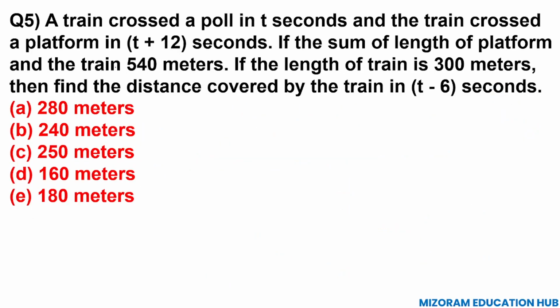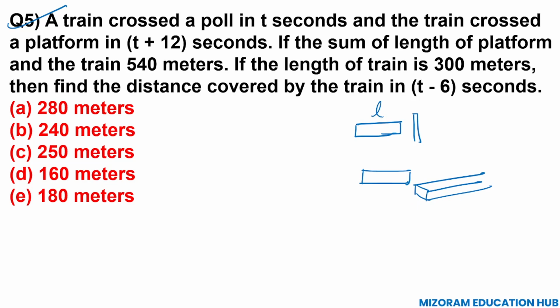Okay, question number 5 here. A train crossed the pole in T seconds. Here the train is this, and this is a pole, and the train crossed the platform. In this case the total distance traveled will be the length of the train plus the length of the platform, in T plus 12 seconds.